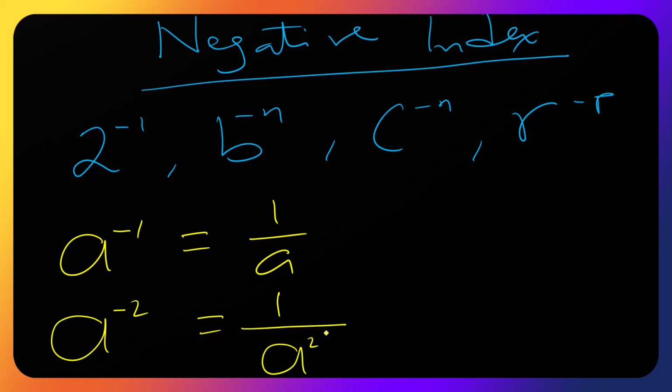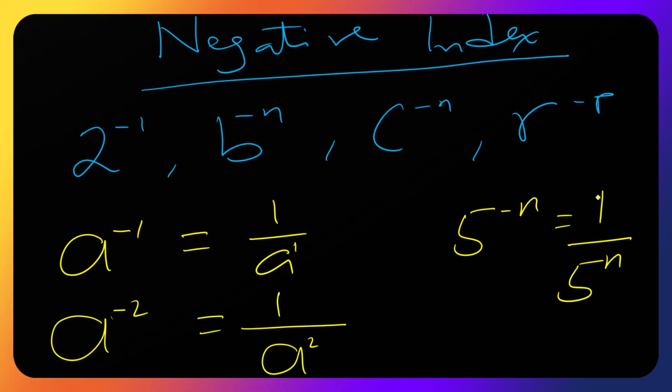Understand that 1 over something will get rid of the negative here. So 5 exponent minus n will be 1 over 5 to the power of n. So the minus here is 1 over.